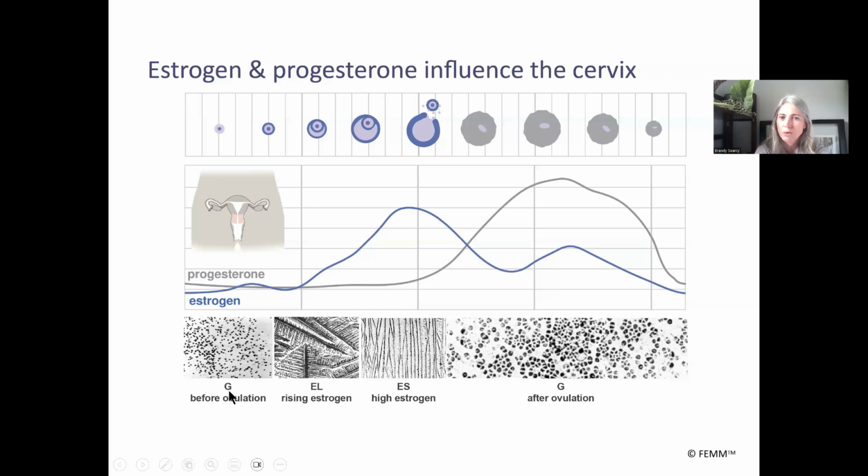What is G mucus versus EL mucus versus ES mucus? Well, G-type mucus, you can think of as gestational mucus, or gestational cervical fluid. This would be the kind of cervical fluid present when there's a fertilized embryo gestating, right?